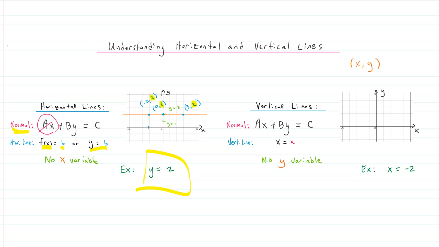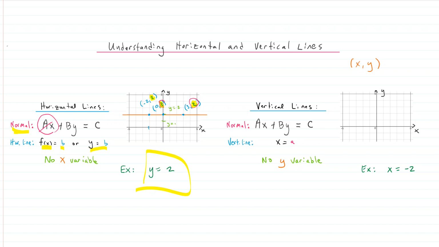We're not just talking about the one singular point, say this one at 3, 2, or this one. We're talking about all of them. Any point that has y equals 2 is on the line. So we just have y equals 2 as our answer. That is literally the equation of the line.